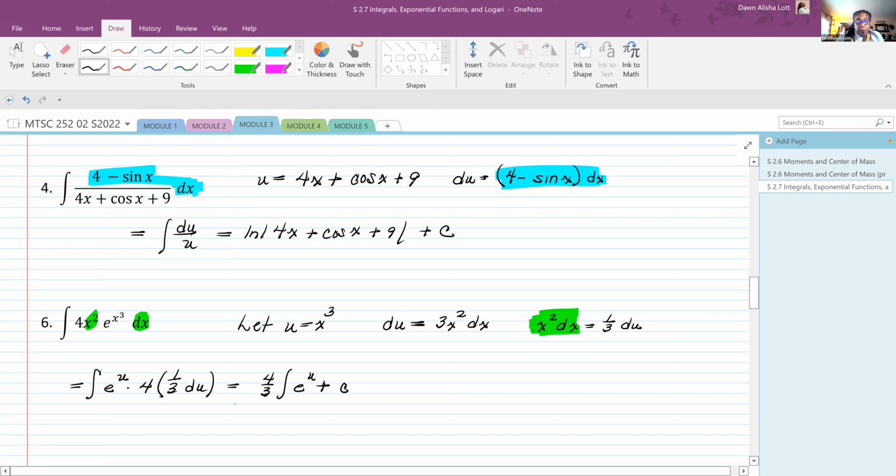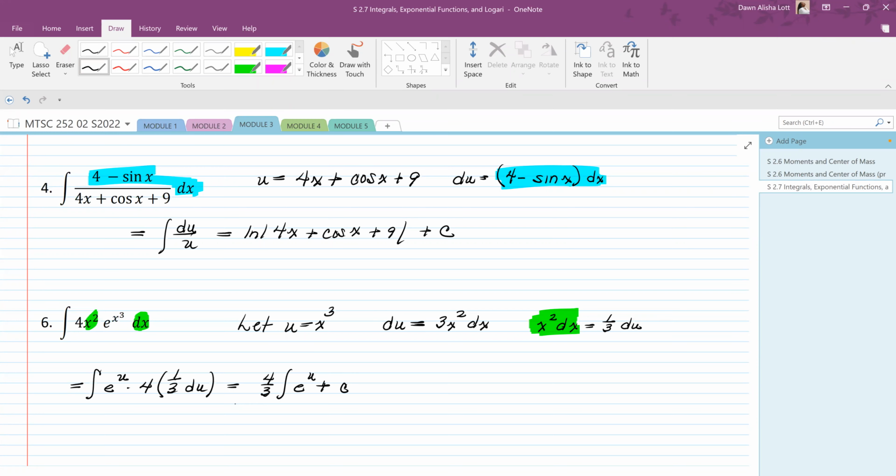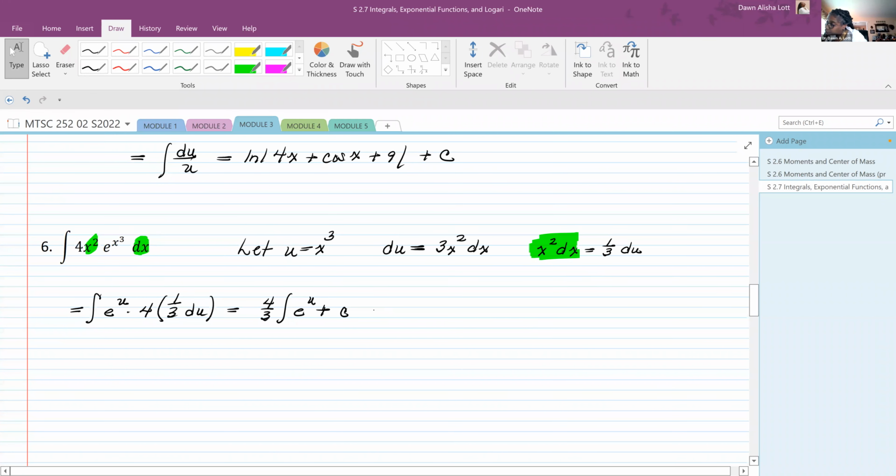That should look easy, and the reason why is that when we just wrote it as e to the u, the only other thing in the problem was the constant, and that's 4/3. So this becomes 4/3 e to the x cubed plus a constant.